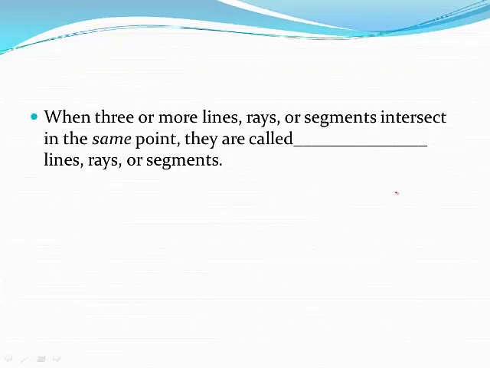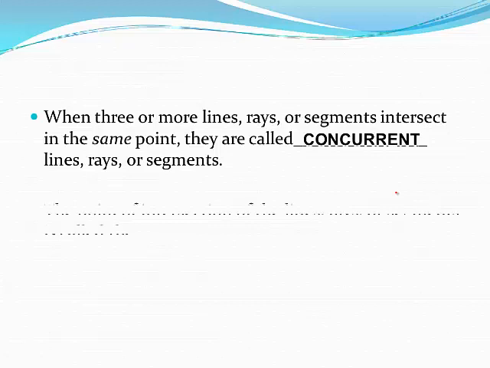Okay. This is going to be important when you do constructions, and we're going to be doing that later on, obviously, in a second video. But the thing you need to know is what concurrent lines are and a point of concurrency. So we say when 3 or more lines, rays, or segments intersect in the same point, we're going to call them concurrent lines, rays, or segments.